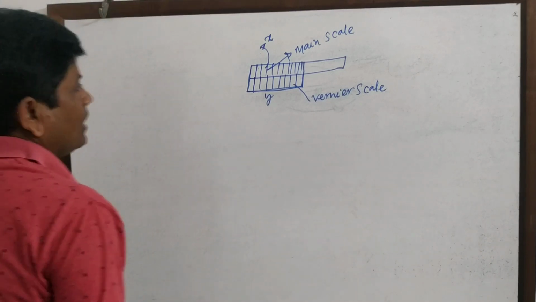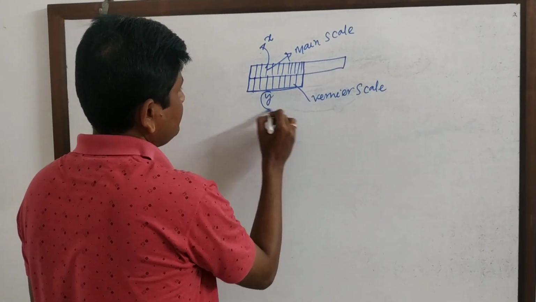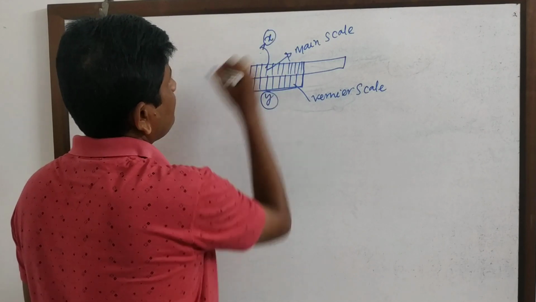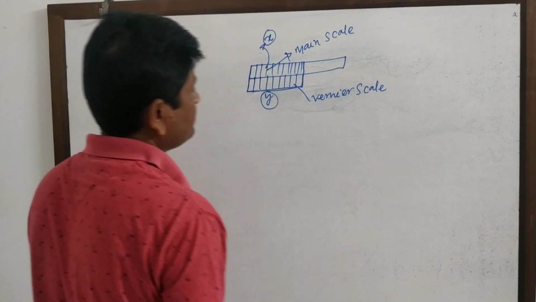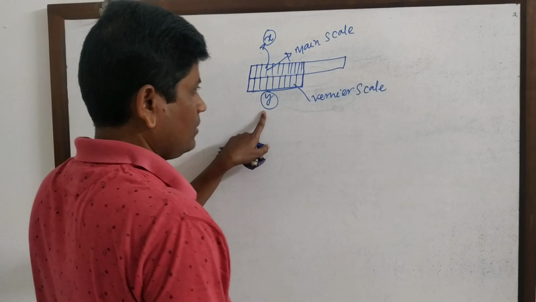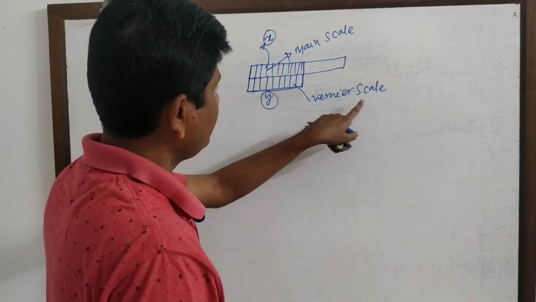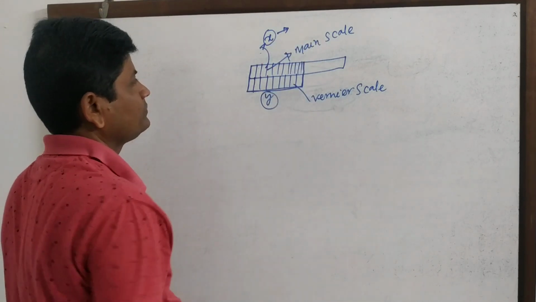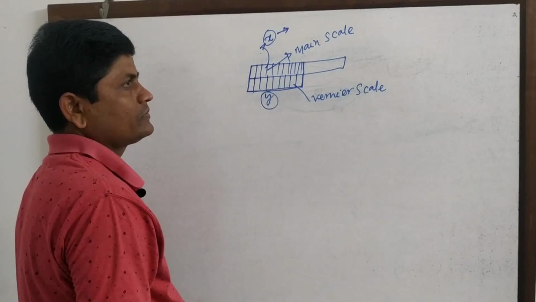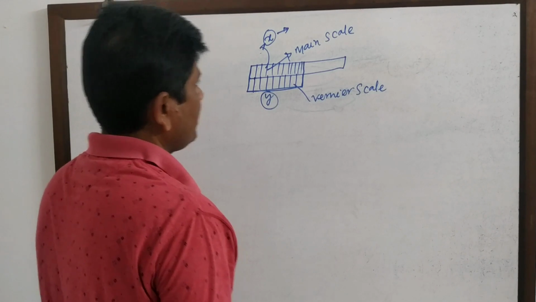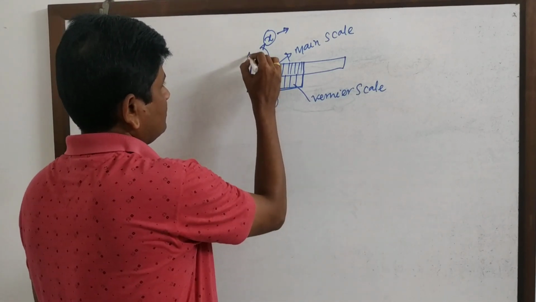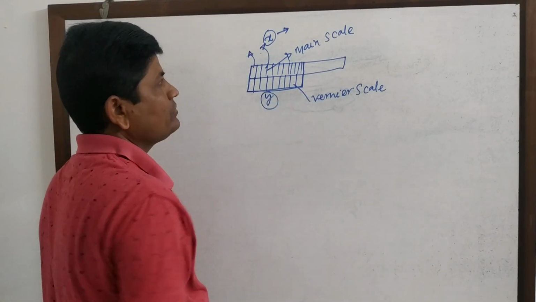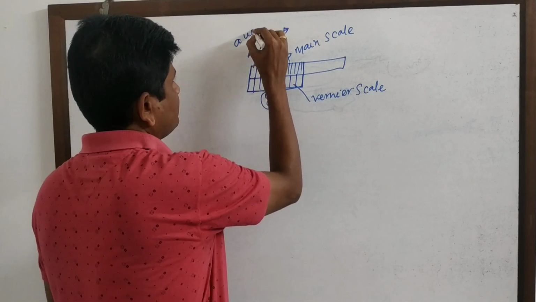Now the length of Y divisions of the vernier scale is equal to the length of X divisions of the main scale, and the main scale has a graduation of A unit.